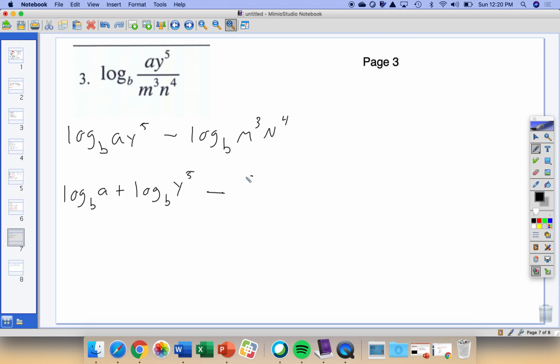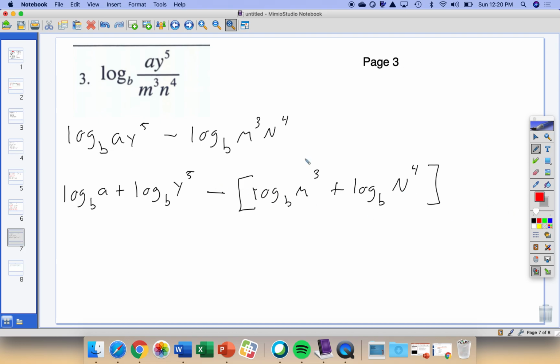But when I do that, I gotta put it in parentheses. So it'll be log base b of m cubed plus log base b of n to the 4th. Because this negative would eventually have to be distributed to everything. So that's why the parentheses are huge.